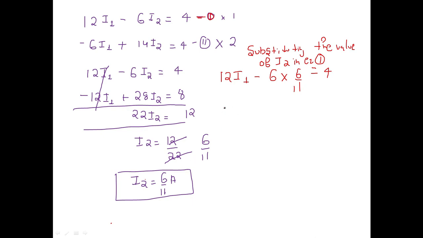So 12 I1 minus 36 by 11 is equal to 4. So 12 I1 is equal to 4 plus 36 by 11.